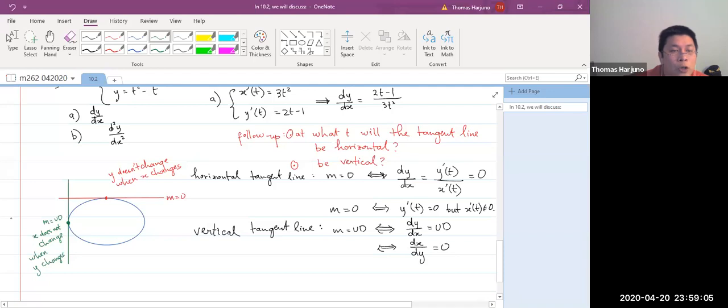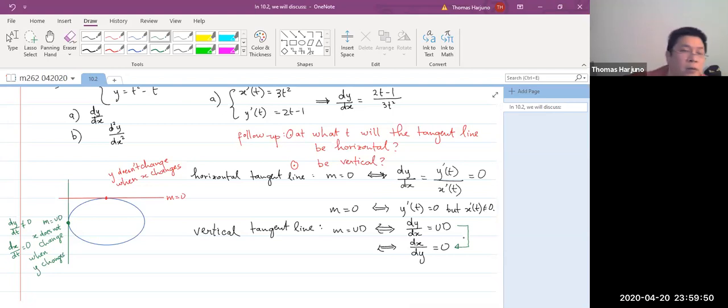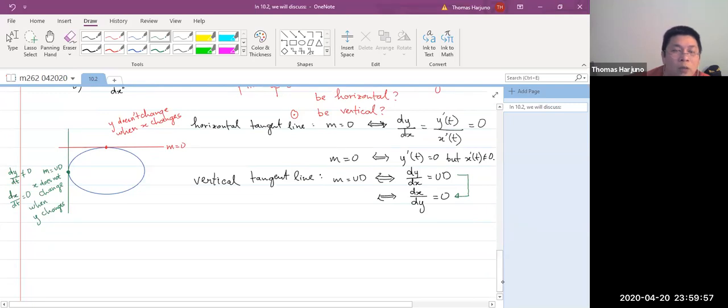So you have the situation where dy/dt is not equal to 0, but dx/dt is 0 at that point. Okay, now that's the explanation how I actually move from, if the slope is undefined, basically it means dx/dy equals 0. If the slope of the tangent line is undefined to give us a vertical tangent line, then dx/dt is equal to 0, but dy/dt is not equal to 0.